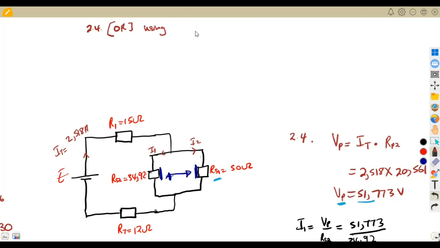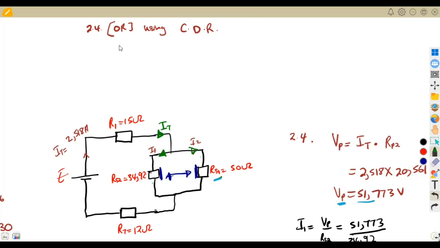The current divider rule states that if I am to calculate the current flowing across this one, the current I1, I use the opposite resistor over the sum of these two resistors times the total current flowing. The total current is the one that branches here and here.